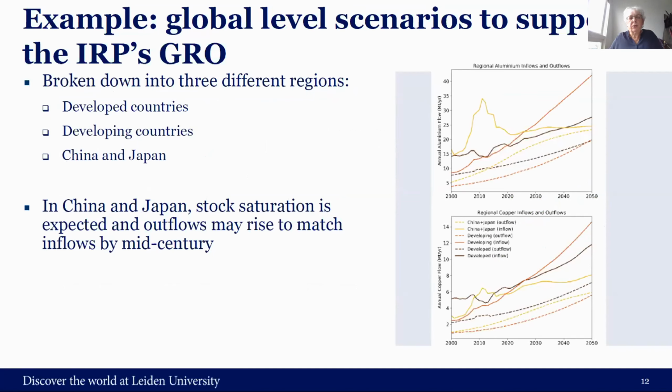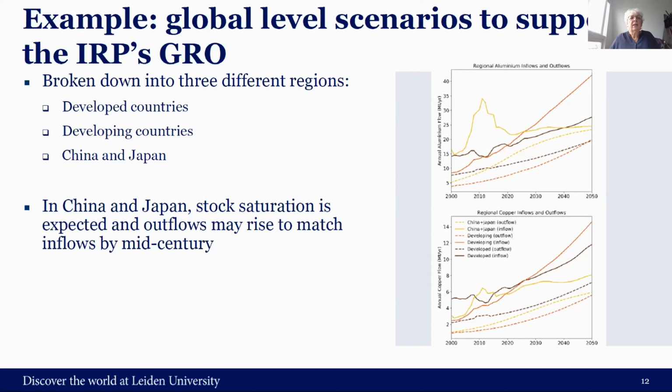The results are available for, I believe, 27 world regions or 26, something like this. But here you see it aggregated to 3 different world regions: the developed countries as a group, the developing countries, and then China and Japan as a separate group, based on the development of the stocks and flows in their countries.